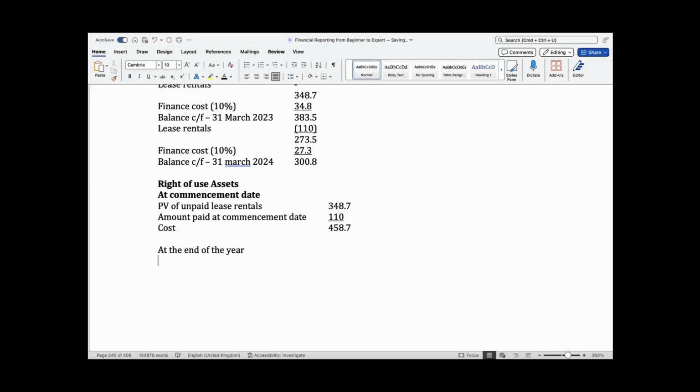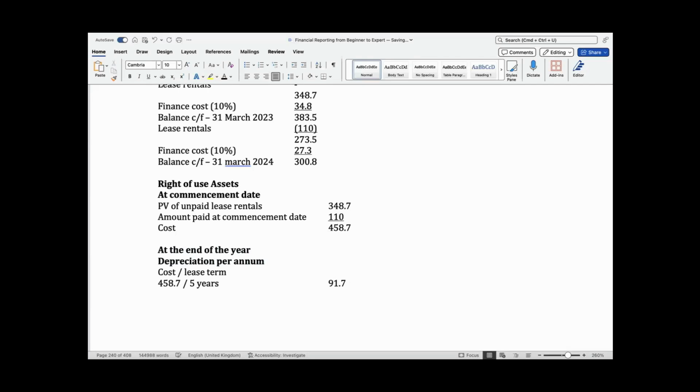And at the end of the year, all you do is to determine depreciation per annum first. Your depreciation is the cost divided by the lease term. The cost in this case is 458.7. The lease term is 5 years. Can you punch your calculator and get me my figure? 91.7.